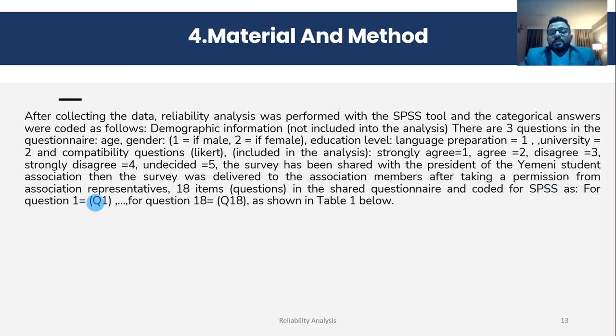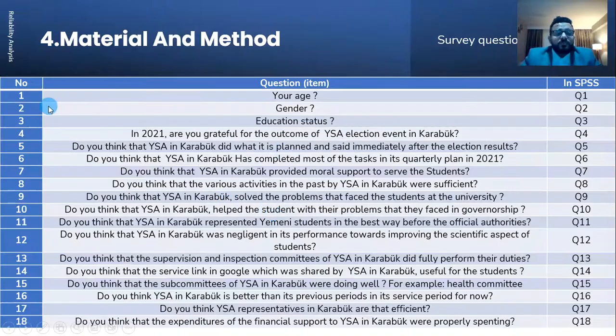There are 18 item questions in the shared questionnaire, coded for SPSS like this. For question 1, we will use Q1, for question 2, we'll use Q2, and for question 18, we'll use Q18, as shown in the table below. And as we can see here are the questions that we sent to the association.